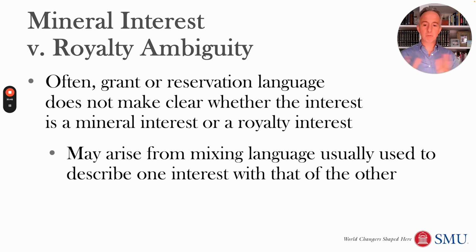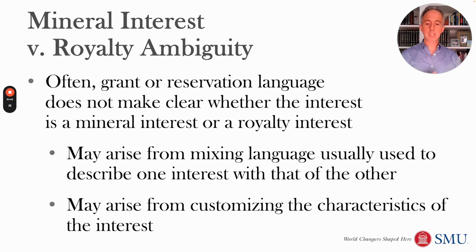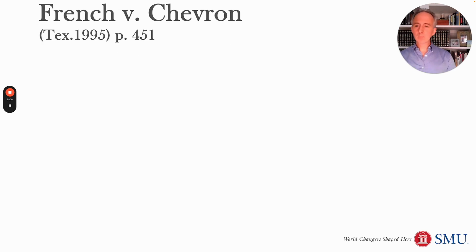Sometimes the languages are simply just mixed together. Also, a lot of times you get somebody who tries to customize an interest, have a mineral interest and take certain rights away, like the right to lease, or have a lease and add certain rights. And that can sometimes make things confusing. So let's look at a few confusing Texas cases where it's a little bit hard to tell what kind of mineral interest or royalty is intended.